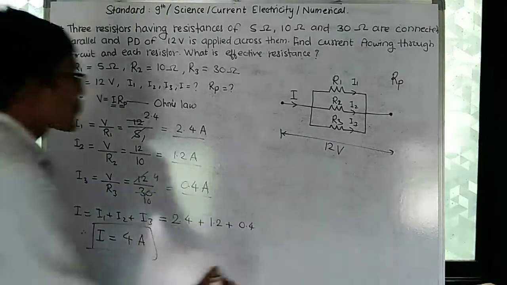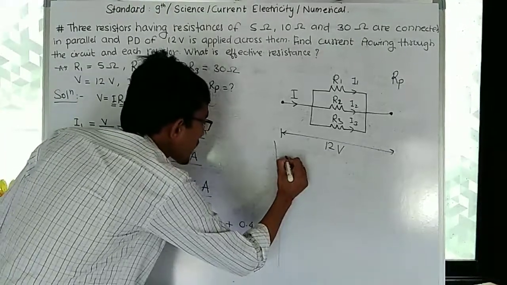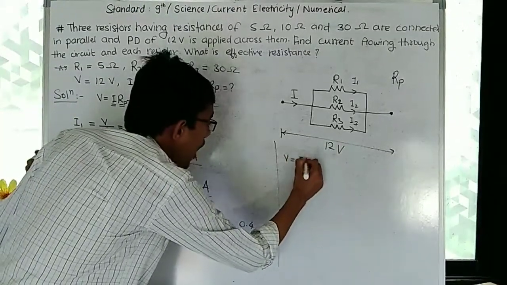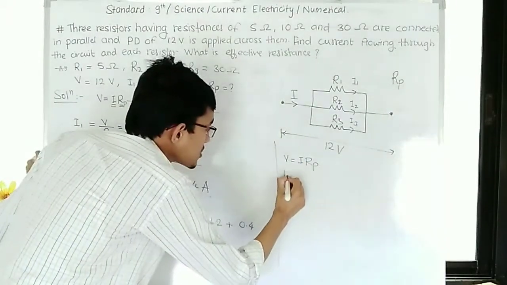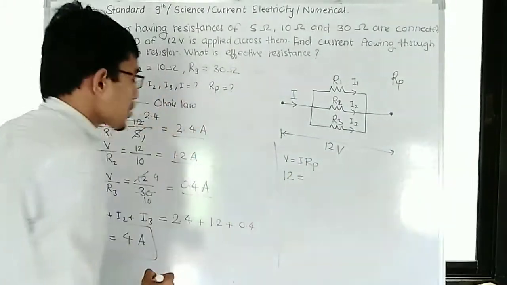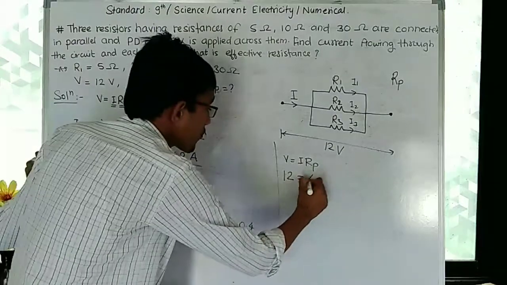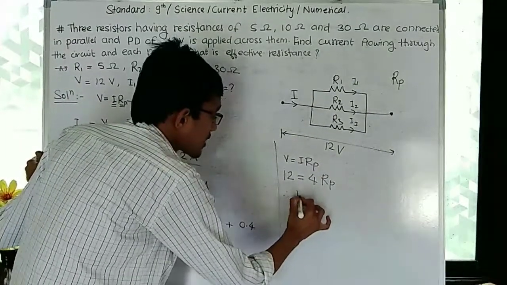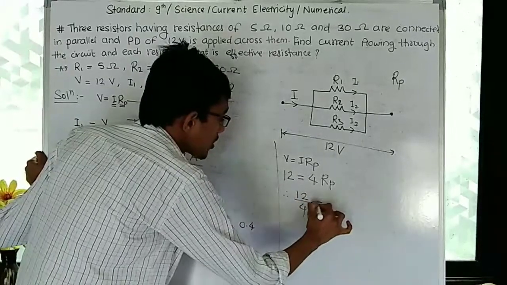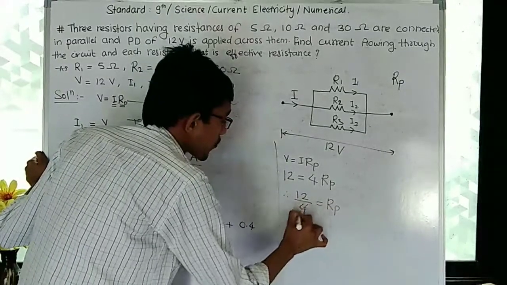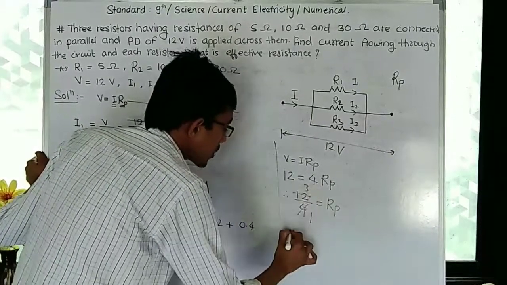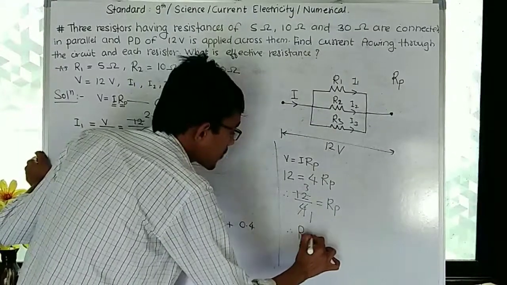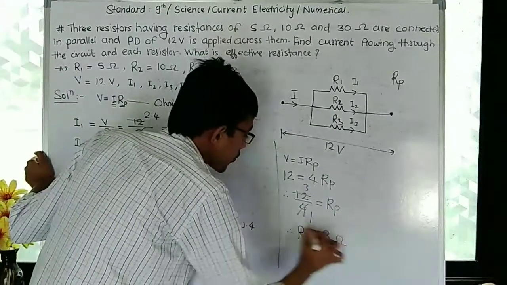We know that V is equal to I Rp, and V is 12. What is the value of I? It is 4. We have to find the value of Rp. Therefore we can write 12 upon 4 is equal to Rp. 4 ones are 4 and 4 threes are 12. Therefore we get the value of Rp as 3 ohm.